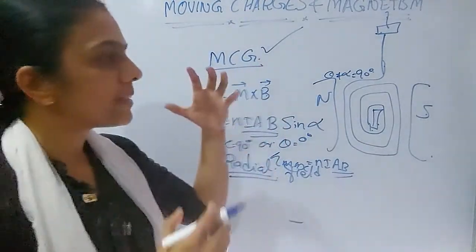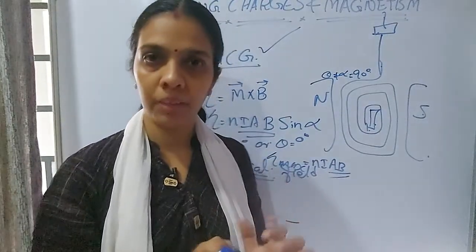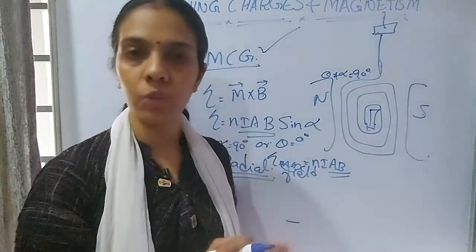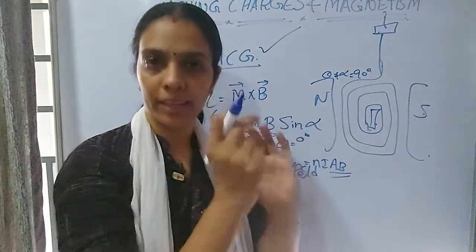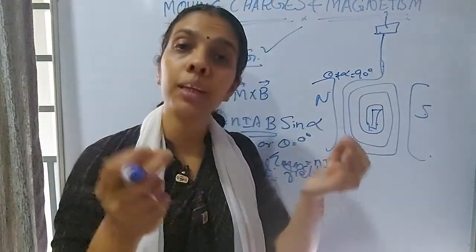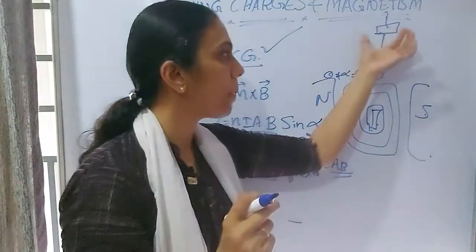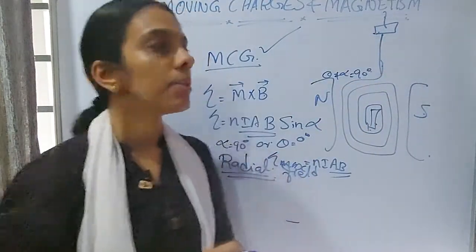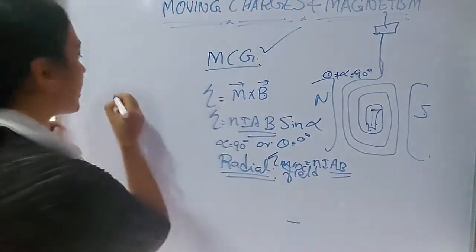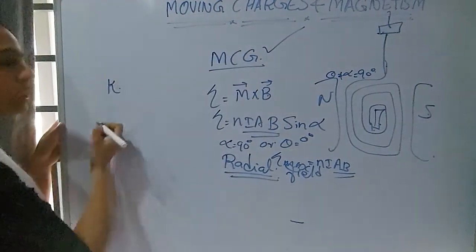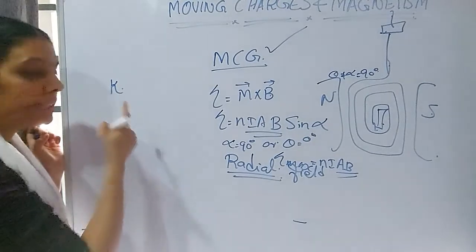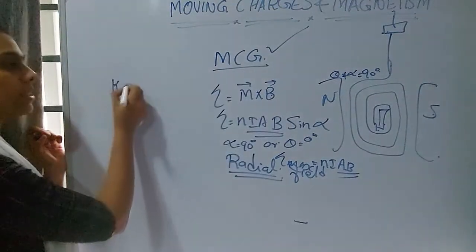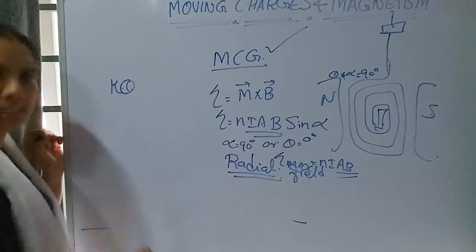When it is rotating maximum, what will happen to the phosphor bronze strip kept over there? It will rotate, and a restoring torque will develop in it. If K is the restoring torque per unit twist, then the total restoring torque will be equal to K theta.